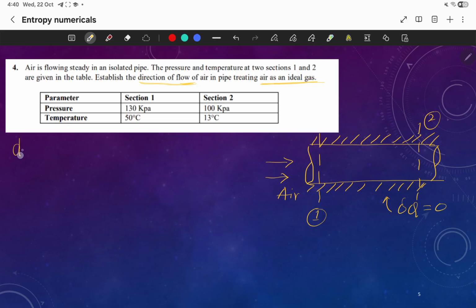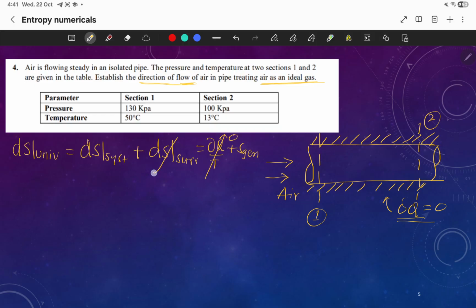So we know that dS universe is what? dS system plus dS surrounding, and this was equals to del Q upon T plus S generation. अच्छा, इस केस में del Q is 0, so what will happen यार, ये टर्म 0 हो जाएगा. ओके, सो ये external irreversibilities ये भी 0 हो जाएंगी, right?